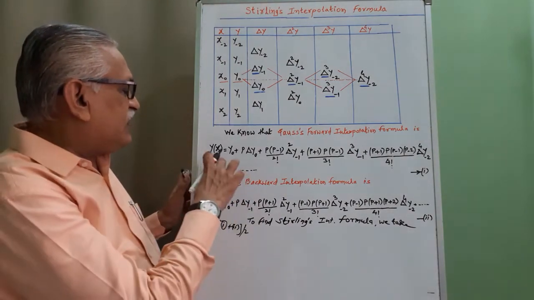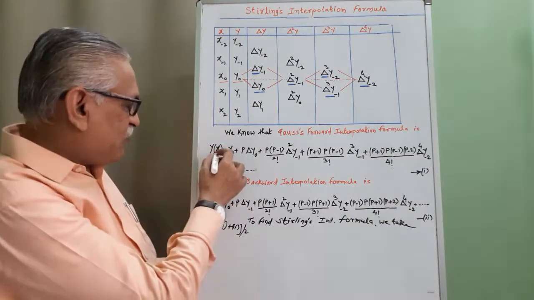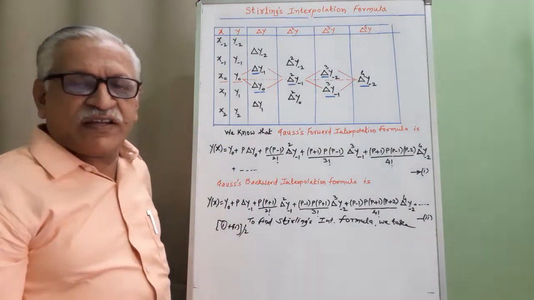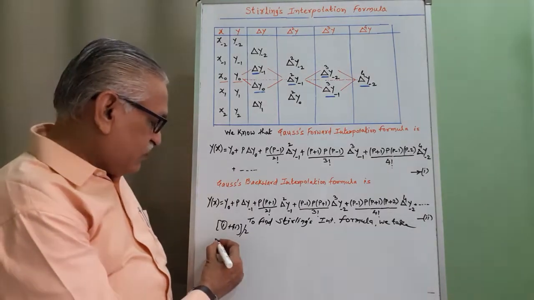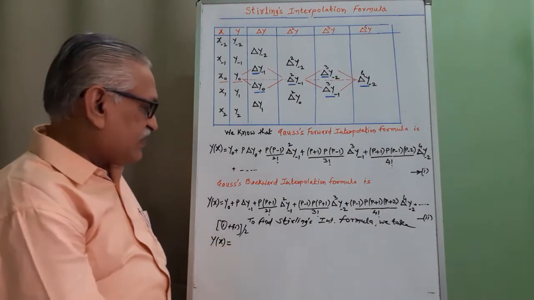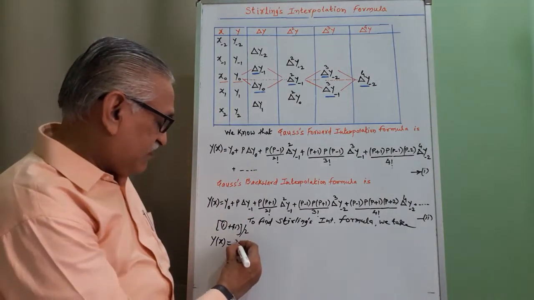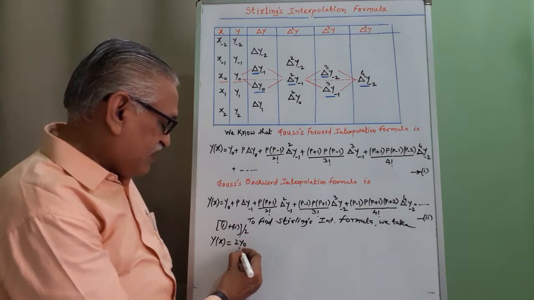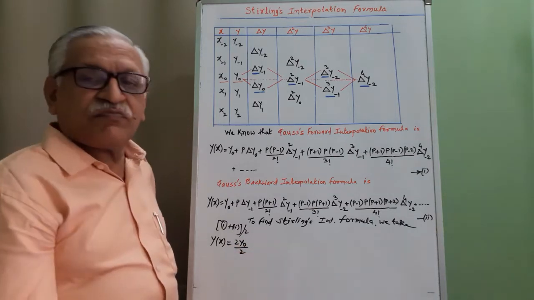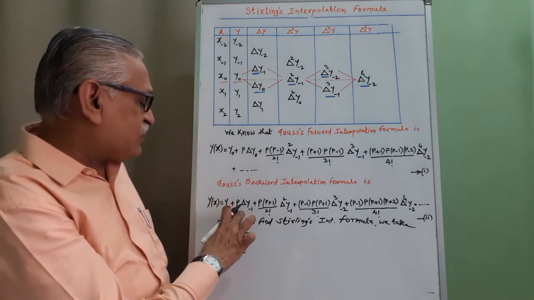Taking the average of the left hand side and the average of the right hand side terms, y of x plus y of x gives 2 y of x divided by 2. We get y of x as y0 plus y0, that is 2 y0, divided by 2. Then we add and divide by 2.